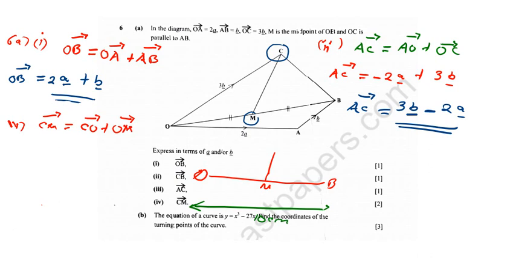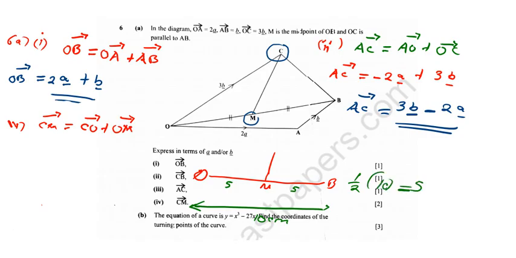If M is at the midpoint, here I have a 5 and here I have a 5, so that when you add 5 plus 5, you get 10. That means that OM is half of 10, which is 5.